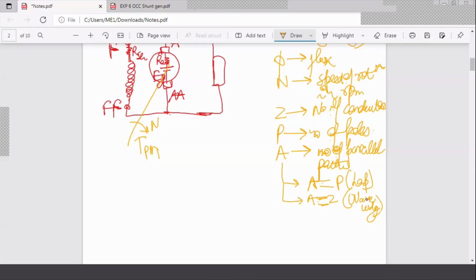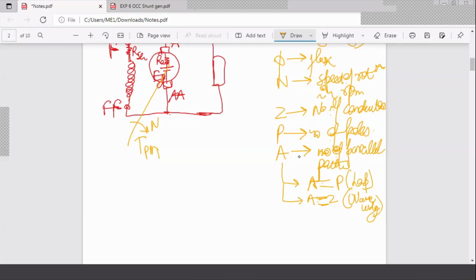In lap winding you have a continuous winding, whereas in wave winding you have a wave type of structure. I'm not going to explain that because it will take a lot of time. It is a very detailed part, types of windings and so on.